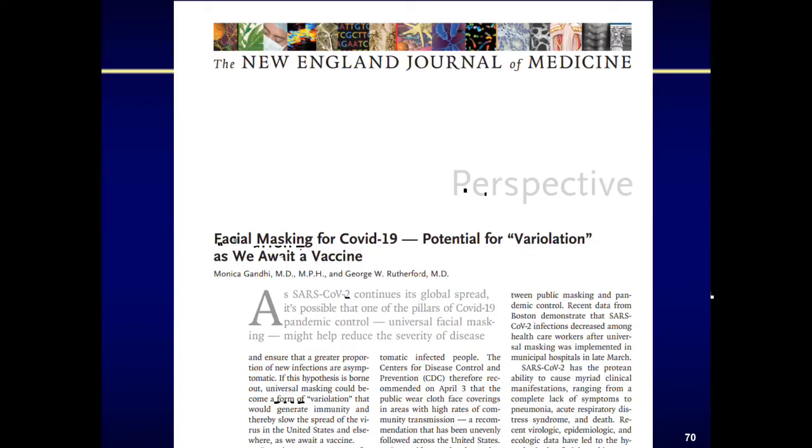And I'd like to close with this very interesting article from last month's New England Journal to end on a note of some hopefulness. And this article is sort of a perspective article with an idea that they kind of equated facial masking with variolation while we wait for a vaccine. And variolation, for those of you that may not be familiar with it, preceded vaccination.